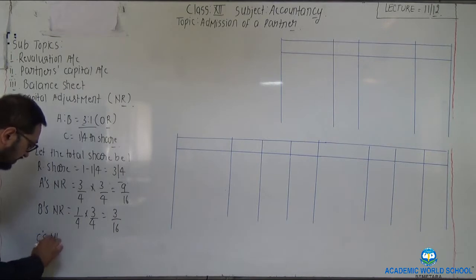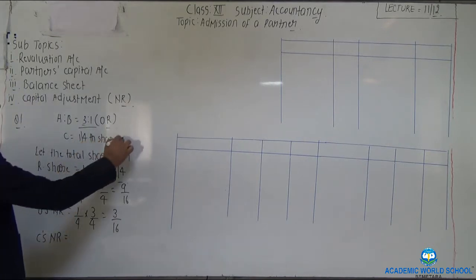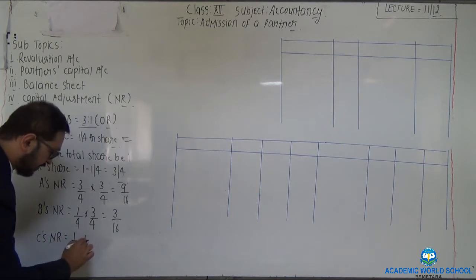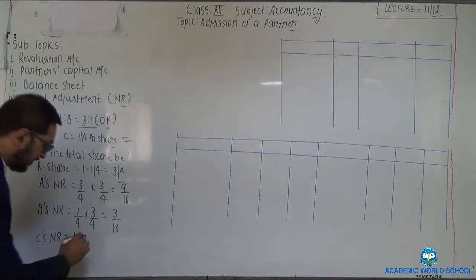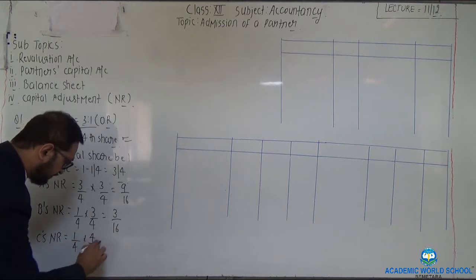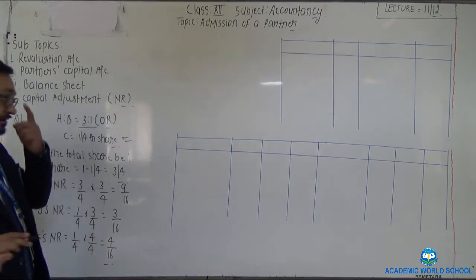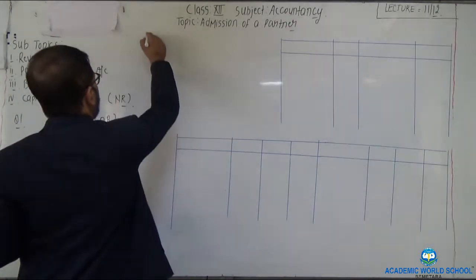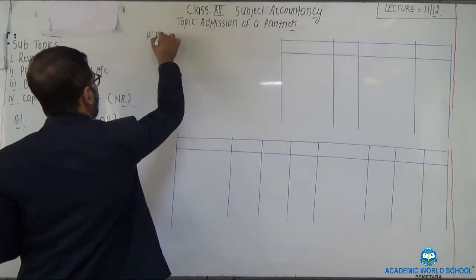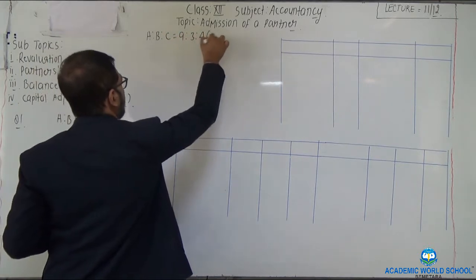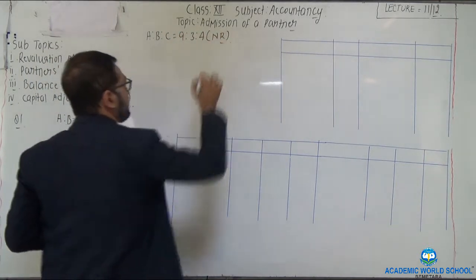And C's new ratio is given in the question itself, that is 1/4. To make the denominator equal, multiply this term by 4/4, gives you 4/16. Clear? So now we are having the new ratio of all the partners, that is 9:3:4. This is their new ratio.